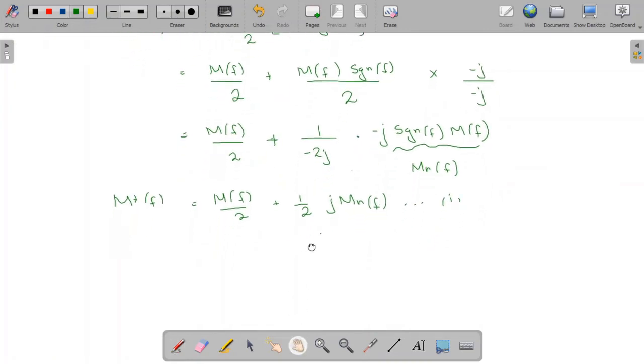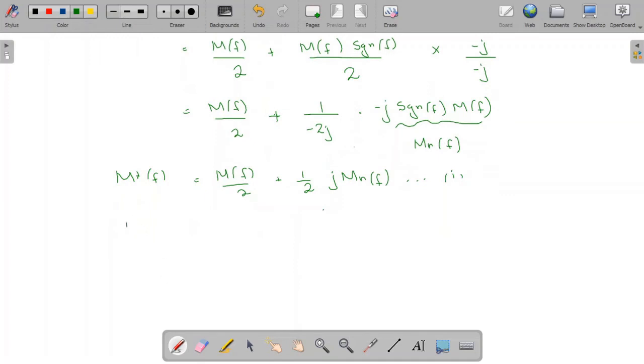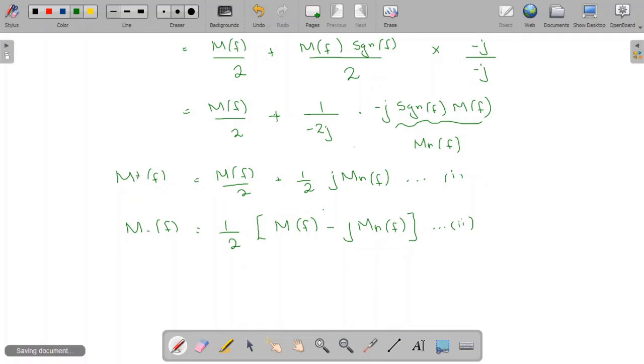Similarly, m minus of f, I am going to directly write, is equal to half into m of f minus j mh of f. Let me name it as equation 2. So this is my equation for m plus of f, and this is my m minus of f.